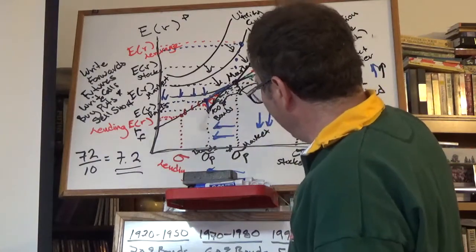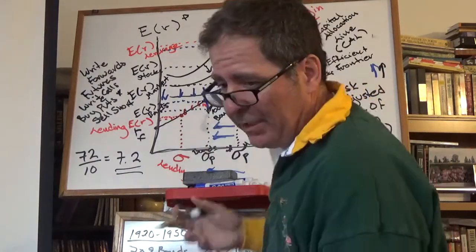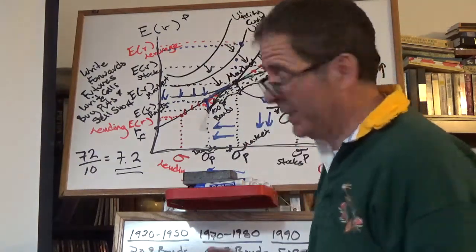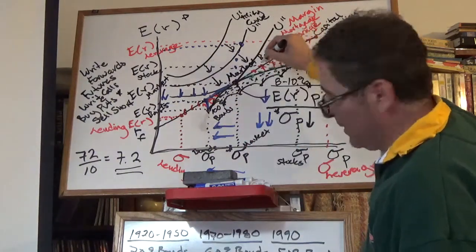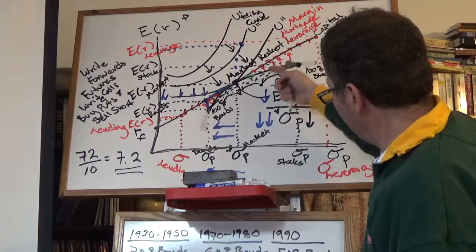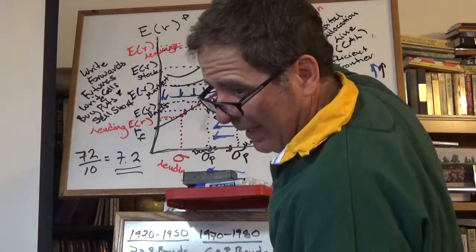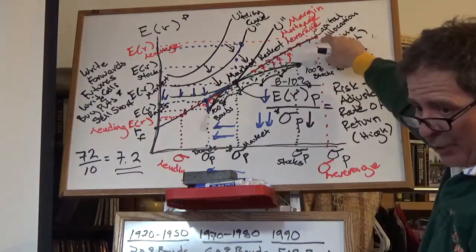Some investors say, hey, I don't want to just increase and decrease my stock-bond portfolio. What I want to do is actually jump off the efficient frontier onto the capital allocation line and move up the capital allocation line to get higher return.